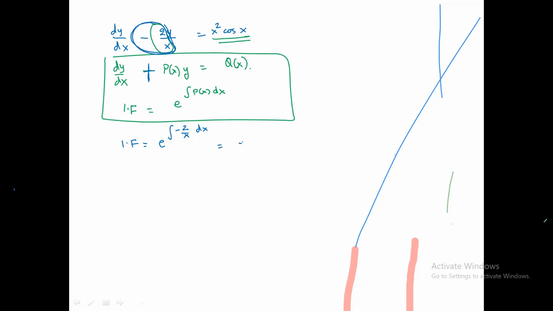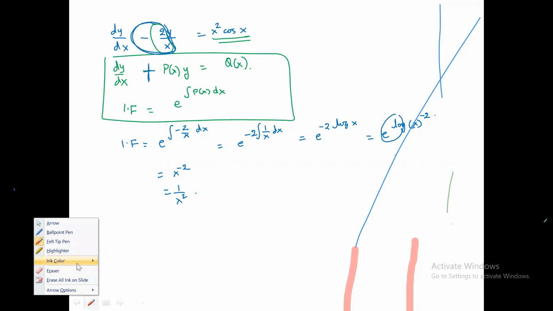That means e^(−2∫1/x dx). The integral of 1/x is log x, so e^(log x)^(−2). e and log you can remove, so I have x^(−2) or 1/x². This is the integrating factor.